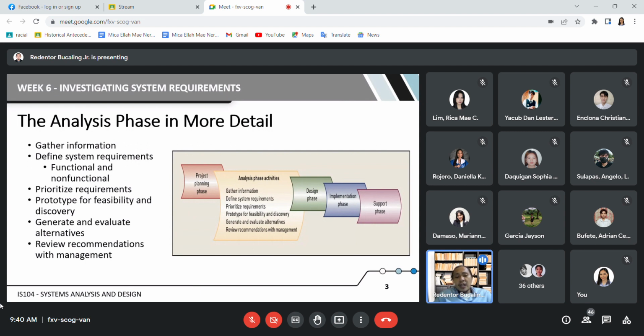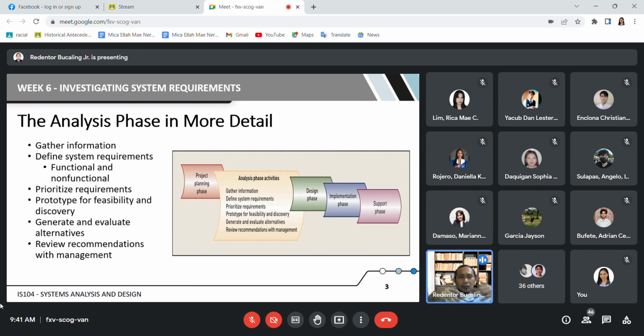So in thinking creatively. So ibig sabihin kasi guys, kung ang mga system user nyo, if you are able to show them your prototype, yung kagaya ng mga screenshot, I think marami kayong makikita sa mga web na mga process, the way that the process works in a particular TPS o transactional processing system.